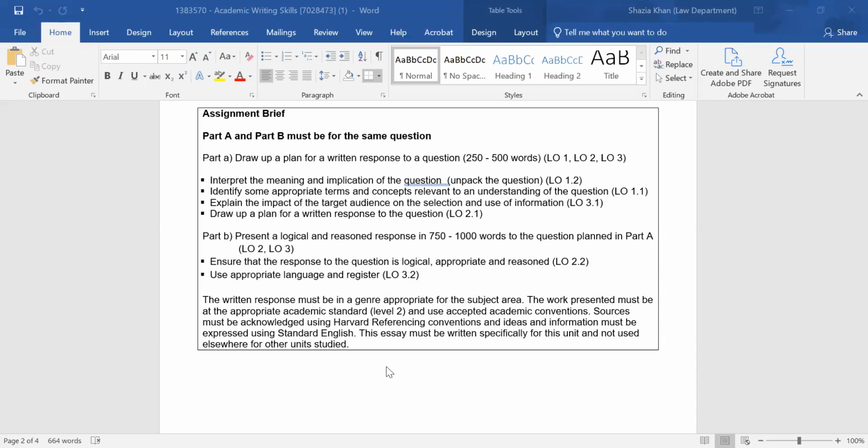So you need to go into Moodle to get the slides for learning outcome 1 and 2, which I quickly went through, and any additional resources, everything is on Moodle for you to have a look at.